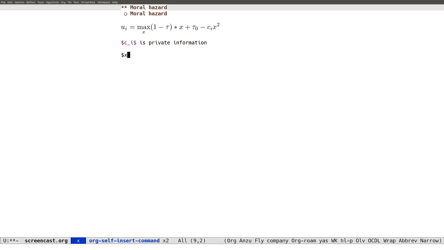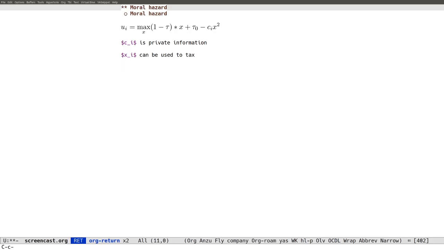The government only observes Xi. So the government can use Xi for taxation, but the government cannot observe Ci, so it cannot make taxation conditional on the cost level of the agent.